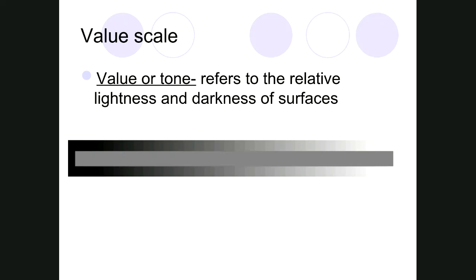So what does this mean? Well, if you don't get your values right in your drawings or paintings or whatever it is that you're creating, it could create an illusion like this that's not natural in your work. So we're going to work this week and next week on sharpening our value skills through our sketchbook assignment and our project that we do.